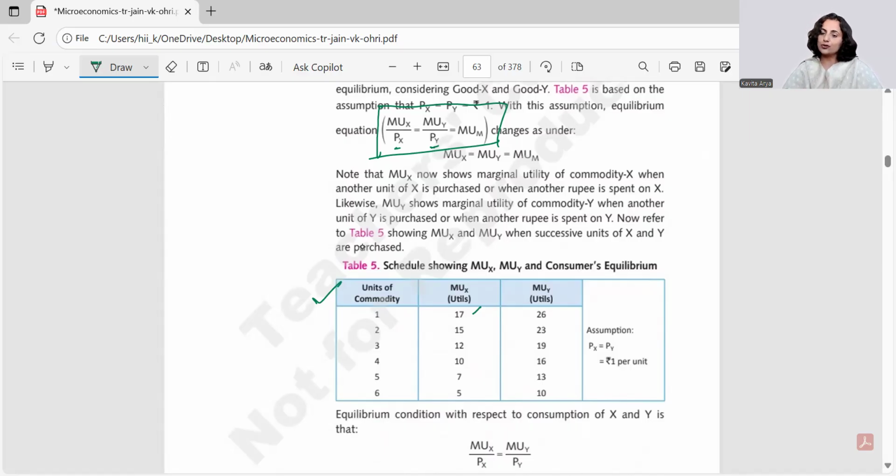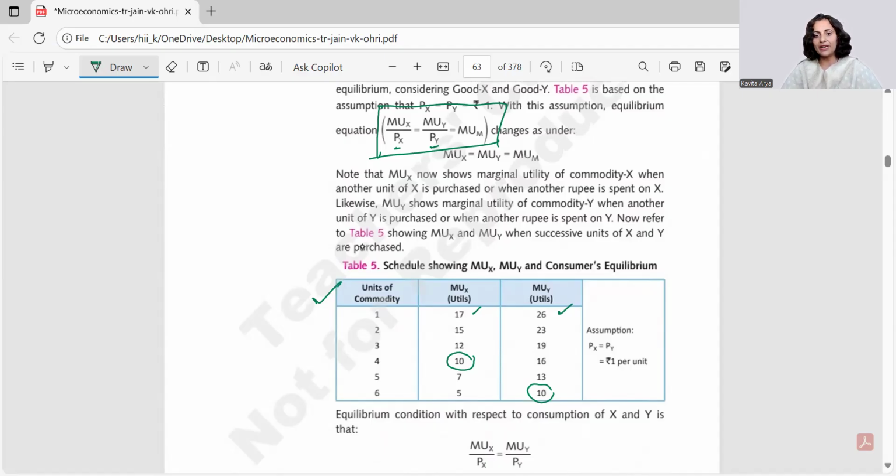And it should be falling. And MUY they have taken to be 26 at the beginning and just made it fall. So this is randomly chosen. Now, to make it less complicated, they have taken just one value which is common, else all other values are unique. At another level of complication, you would be given many values which are the same also.